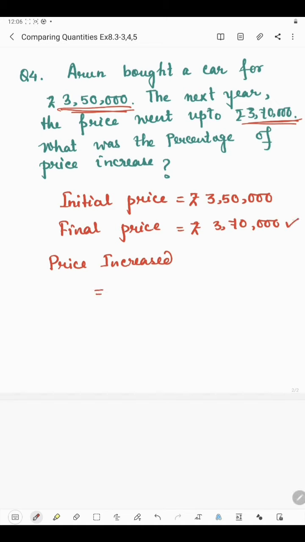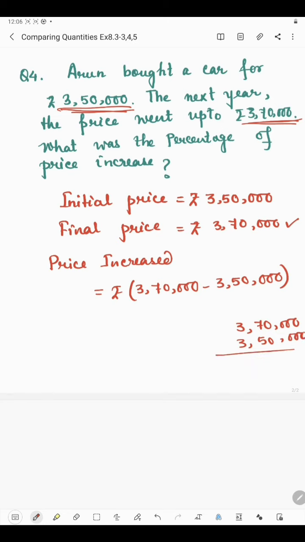So 3,70,000 minus 3,50,000. So 0 minus 0 is 0, 0 minus 0 is 0, 0 minus 0 is 0, 0 minus 0 is 0, 7 minus 5 is 2. So it's rupees 20,000. So the price increased by 20,000. Now we will have to find the percentage increase.